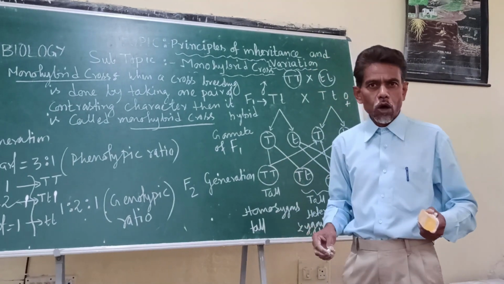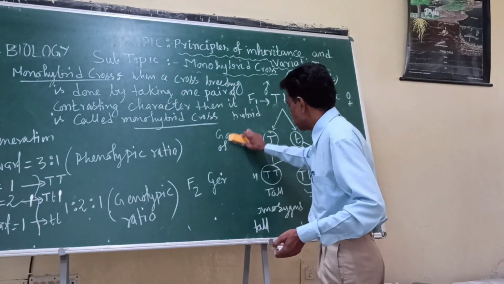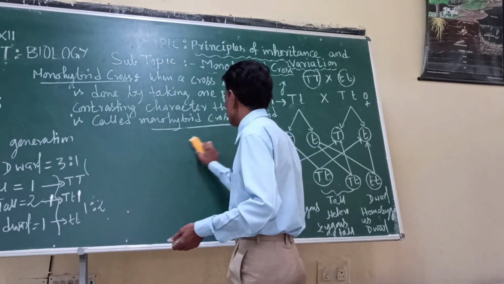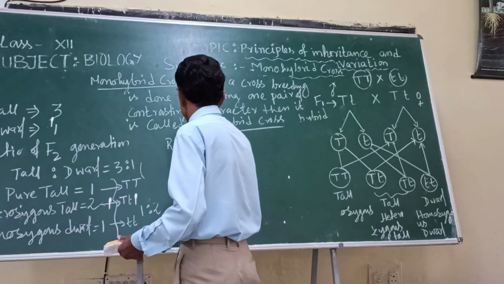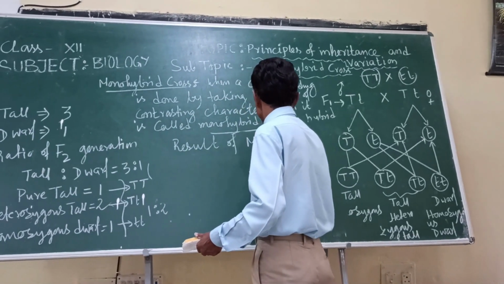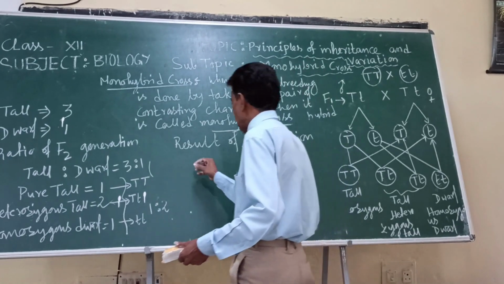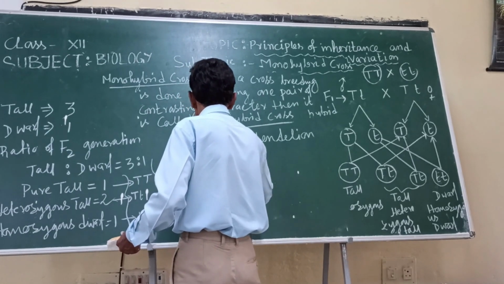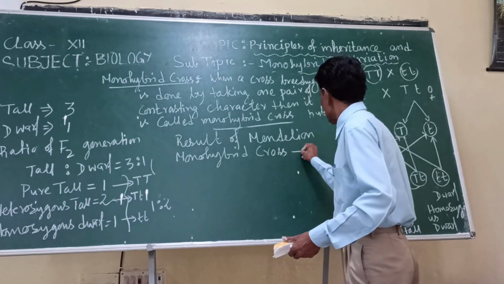If I make a summary, let me wrap this part. Result of Mendelian monohybrid cross: what is the result?